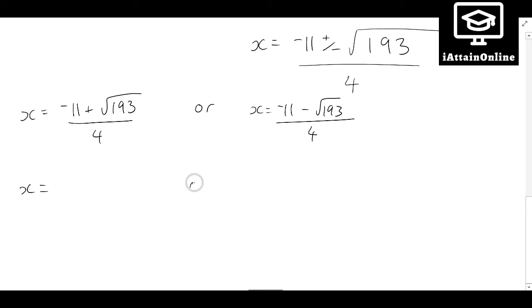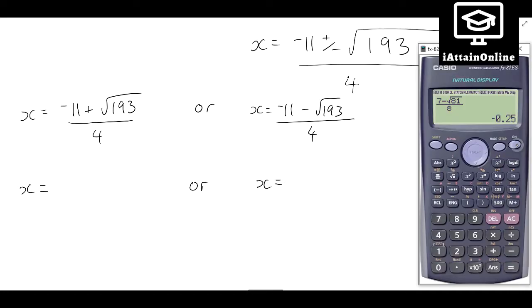x equals, or x equals, bring up the calculator, put in the fraction, negative 11 plus the square root of 193 all divided by 4, press equals.